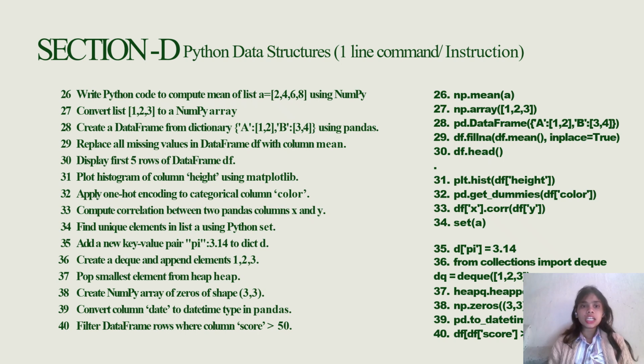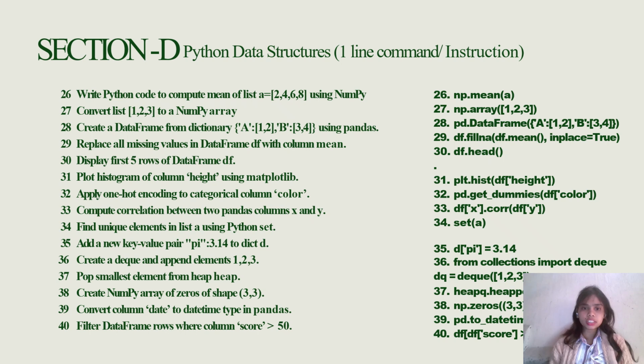Create a data frame from dictionary A: 1, 2, B: 3, 4 using pandas: pd.DataFrame. Replace all missing values in data frame df with the mean. Display first 5 rows of data frame df: df.head().